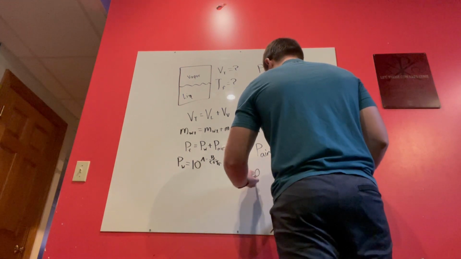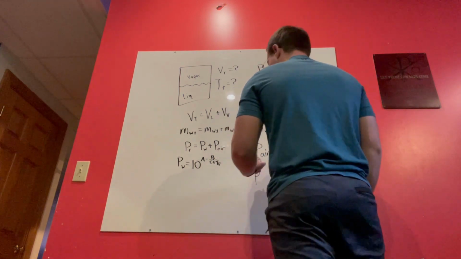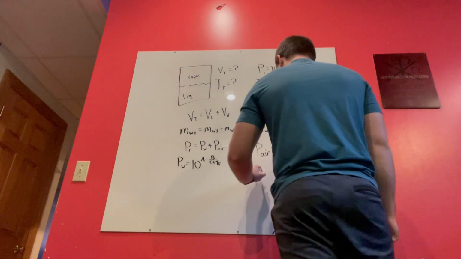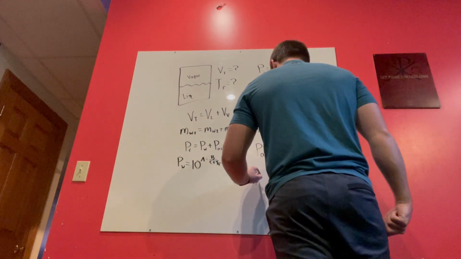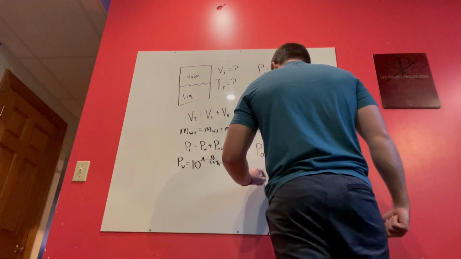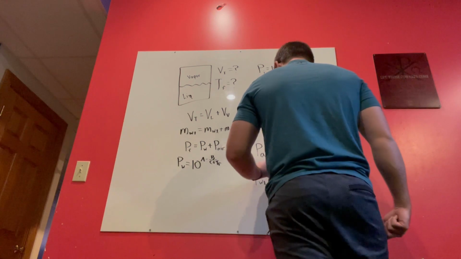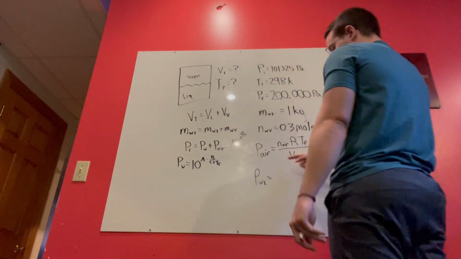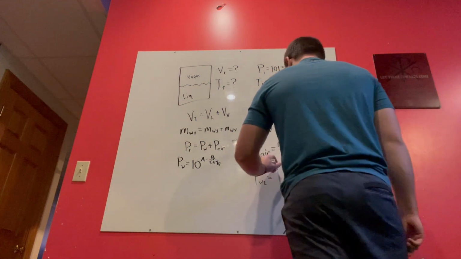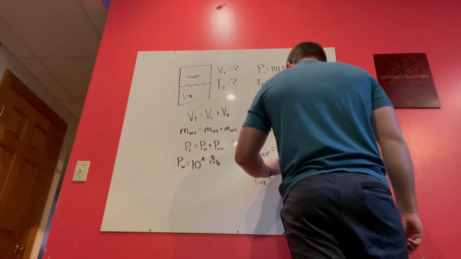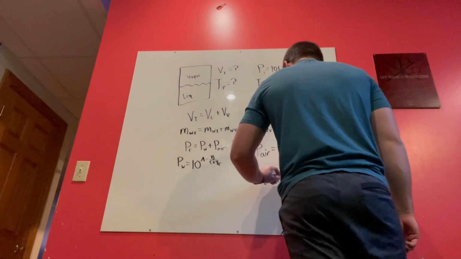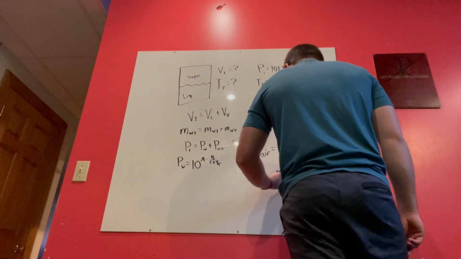So we got the density of water in the liquid phase, and then density is mass over volume, so it'll be mass of water in the liquid phase over volume of water in the liquid phase.